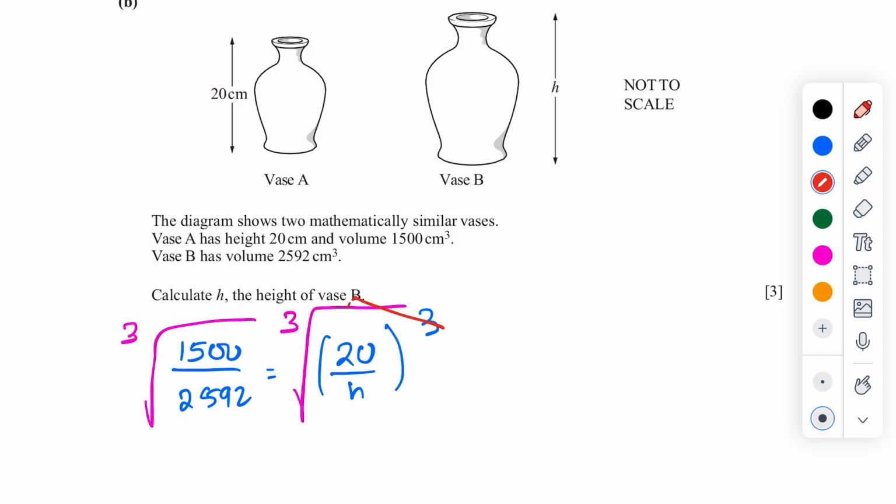Now I take out the cube root of 1500 divided by 2592, which should be giving me 5 upon 6. So 5 upon 6 equals 20 upon h. So 5h equals 120. h equals 120 divided by 5, which is nothing but how much? 24.